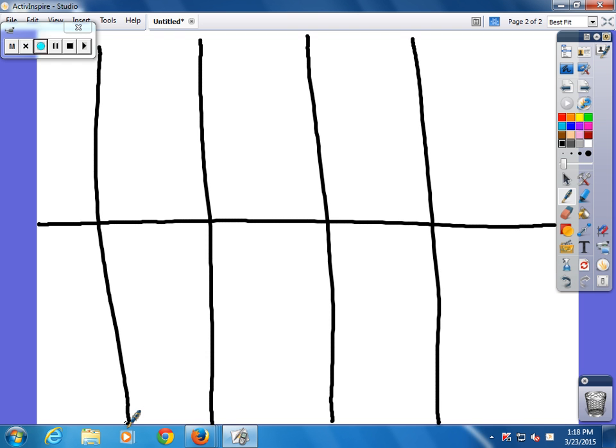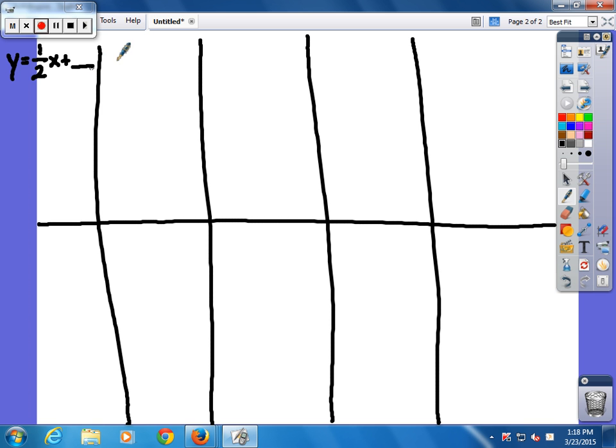Now at the top of each one, I'm going to put a template of a problem. The first one I'm going to say, y is equal to 1/2 x plus blank.